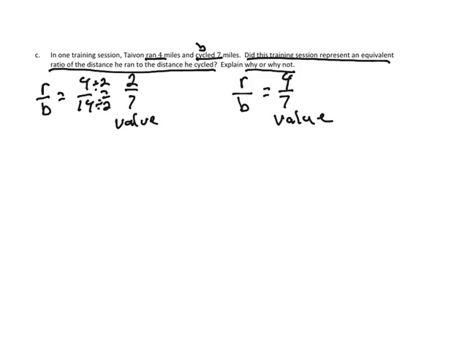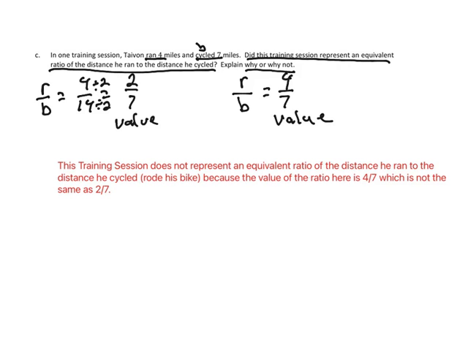So I'm going to go ahead and type it here while you start writing on your paper. Okay, so this training session does not represent an equivalent ratio of the distance he ran to the distance he cycled or rode his bike because the value of the ratio here is 4 to 7, 4/7, which is not the same as 2 to 7 or 2/7. It means that they're not equal. And that's all I need for that one.